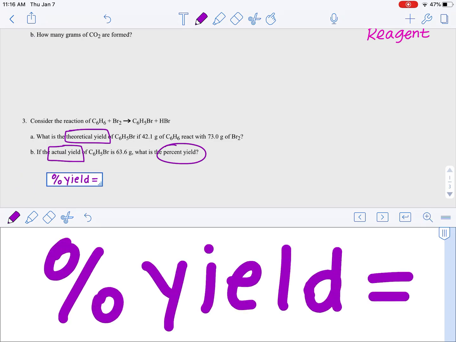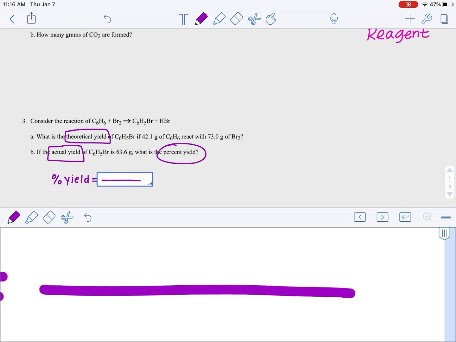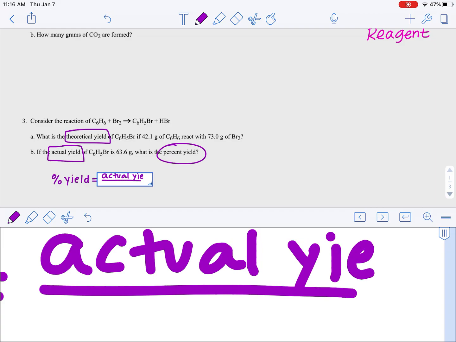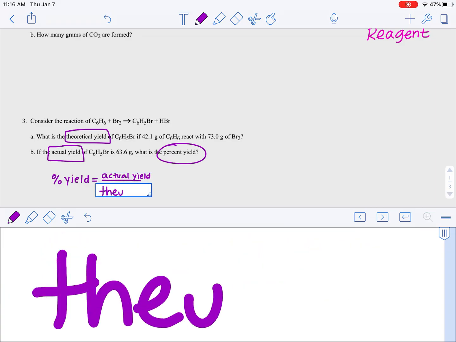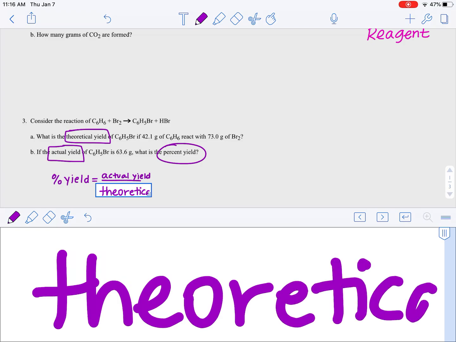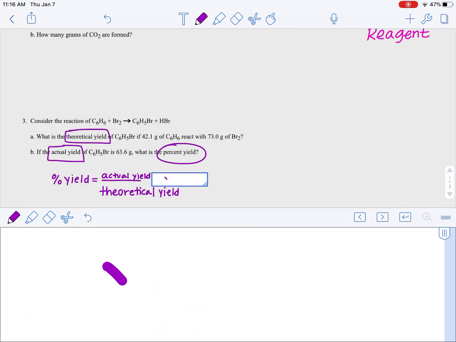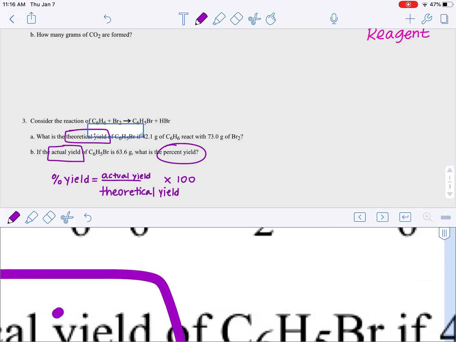Percent yield is asking us basically how much of the reaction and the products did you produce in the laboratory. And as we all know, we're humans, and when we're in the laboratory, things are not perfect. So what we're comparing here is the actual yield to the theoretical yield. And to get it into a percent, we're going to multiply that ratio by 100.